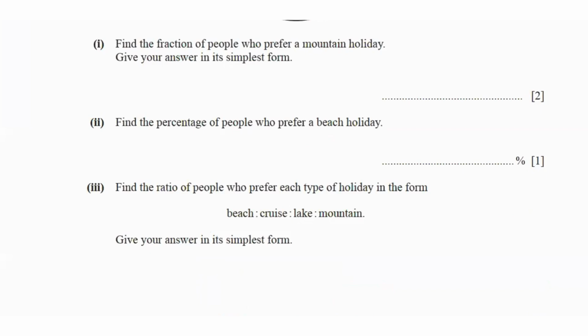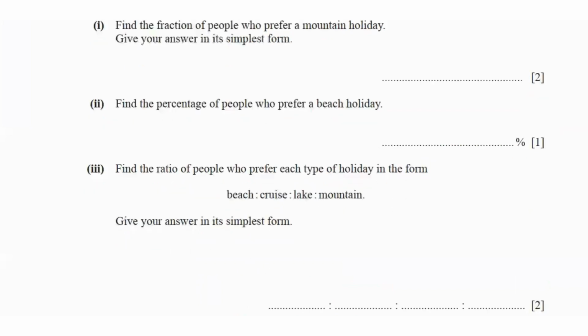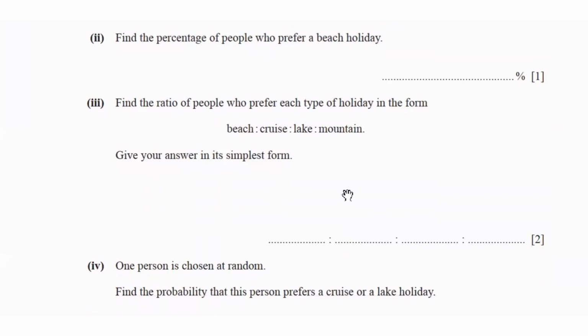Third part says find the ratio of people who prefer each type of holiday in the form of beach is to cruise, is to lake, is to mountain, giving your answer in the simplest form. So for beach is to cruise, is to lake, is to mountain, we have 135 for beach, cruise is 30, lake is 75, and mountain is 120.